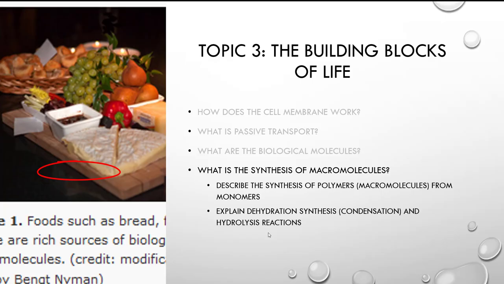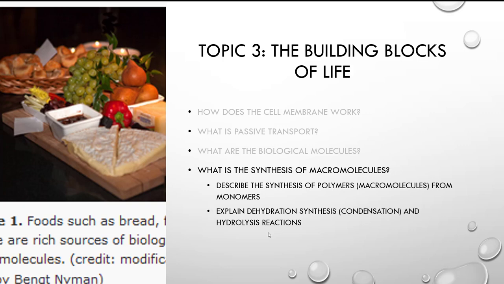So that's it. We are officially done with topic 3, the building blocks of life. You should be able to describe the synthesis of polymers, macromolecules from monomers, as well as explain dehydration synthesis or condensation and hydrolysis reactions.